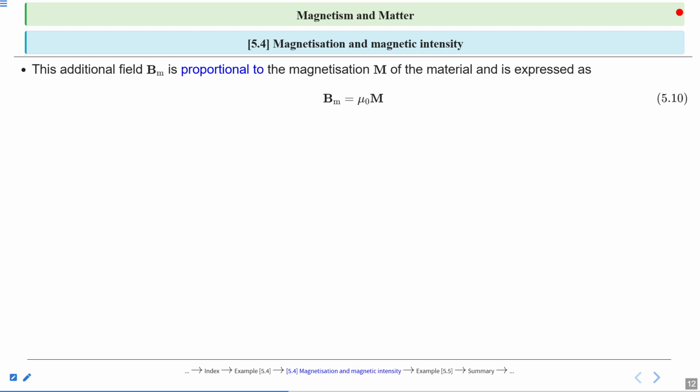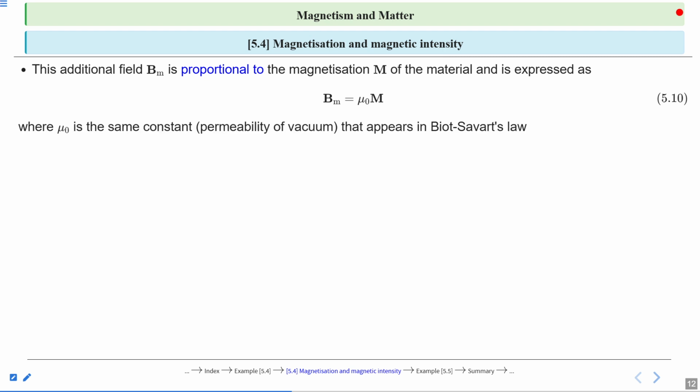The larger the magnetization of the material, the larger the additional field Bm. So Bm is proportional to the magnetization M of the material and is expressed as Bm equals mu naught M. Mark it as equation 5.10, where mu naught is the same constant, the permeability of vacuum, that appears in Biot-Savart's law.